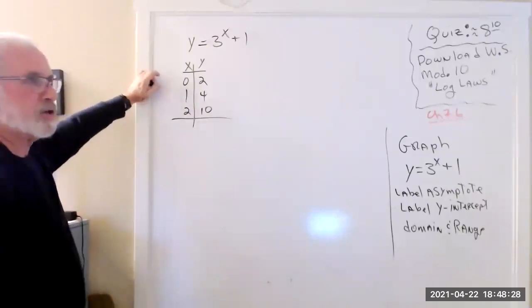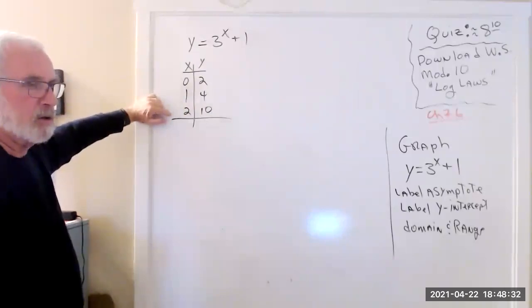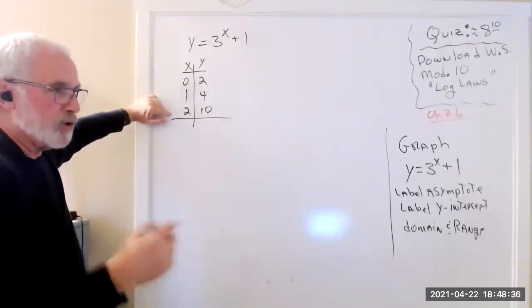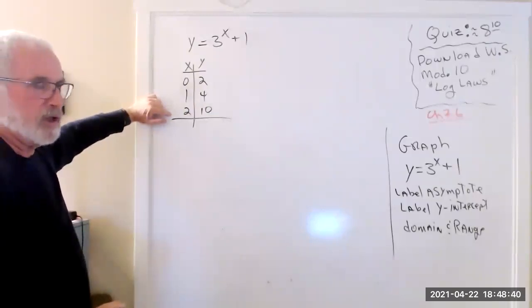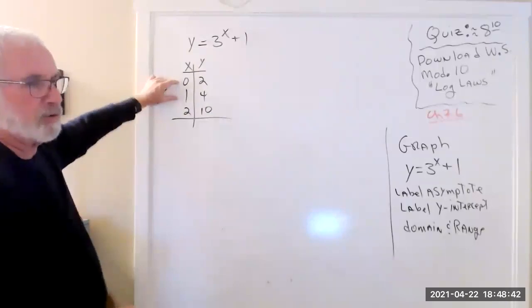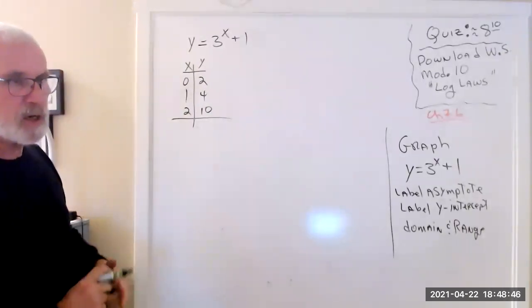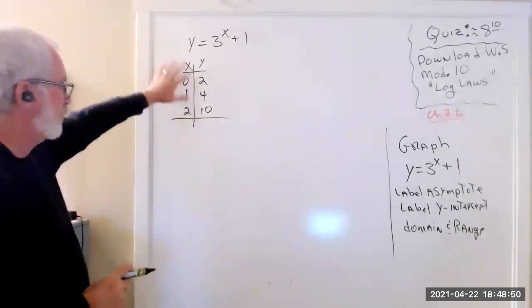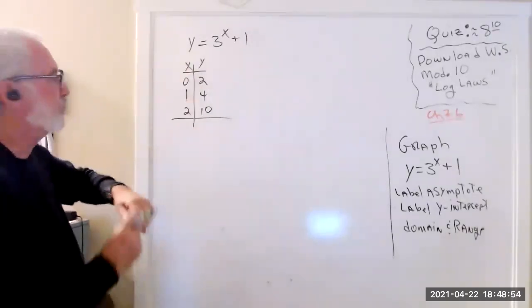And remember, I've said repeatedly, you don't have to do all the numbers I'm doing. You only have to do enough to give you the general shape of the graph. If you only need a couple of positives and a couple of negatives, great. If you need a bunch of positives and a bunch of negatives, that's great also. Just enough to give you individually the idea of the shape.